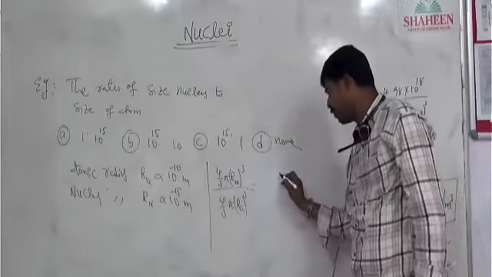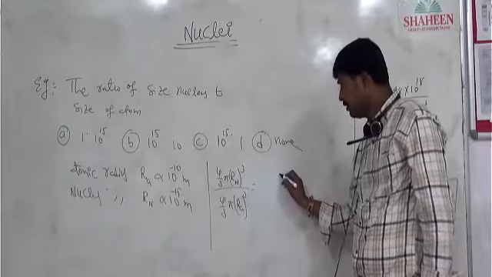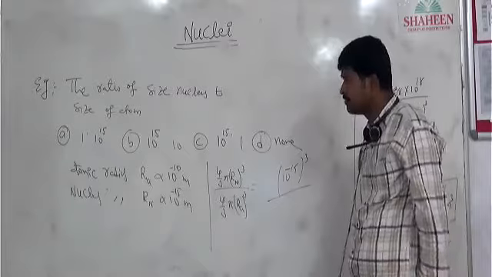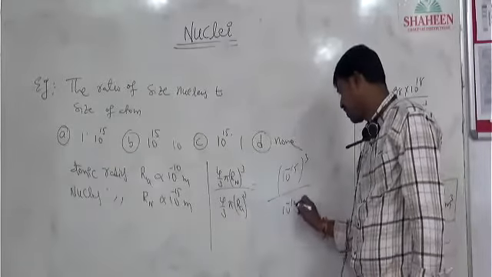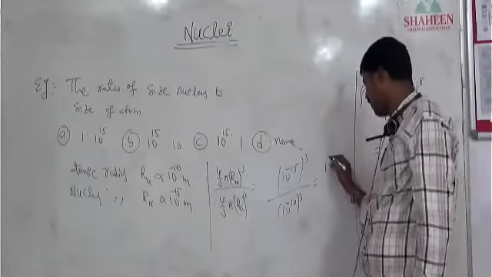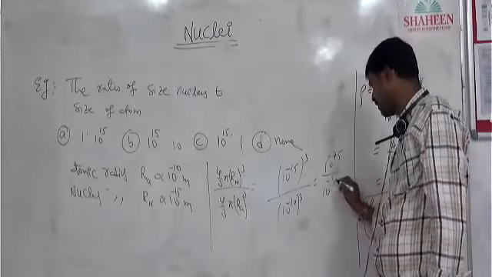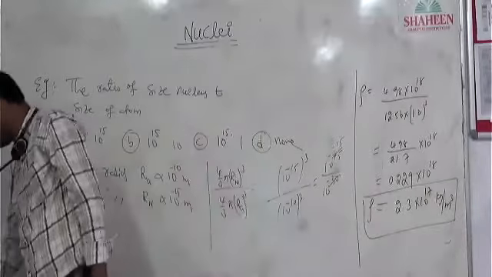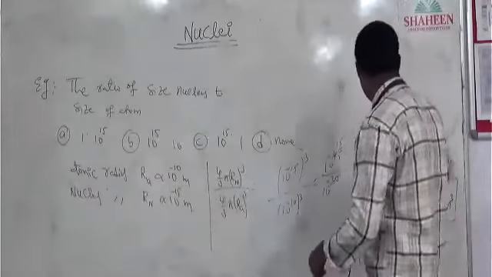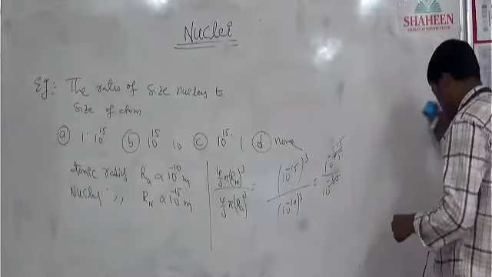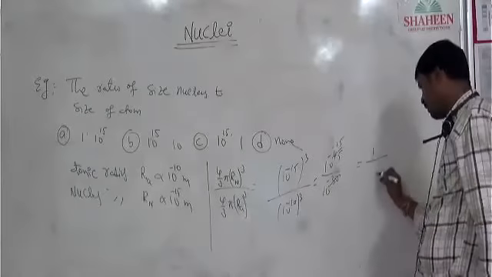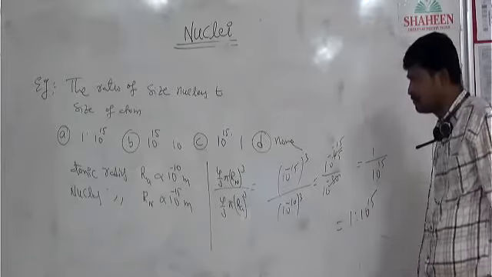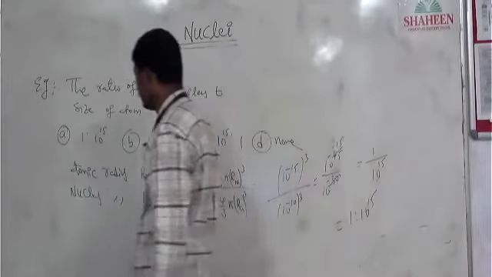It comes to 10 to the power of -15 whole cube by 10 to the power of -10 whole cube, which is 10 to the power of -45 by 10 to the power of -30. So -15 will be left, which I can write as 1 upon 10 to the power of 15, or 1:10 to the power of 15. So which answer is correct? A.